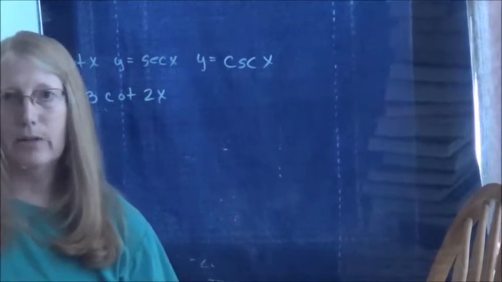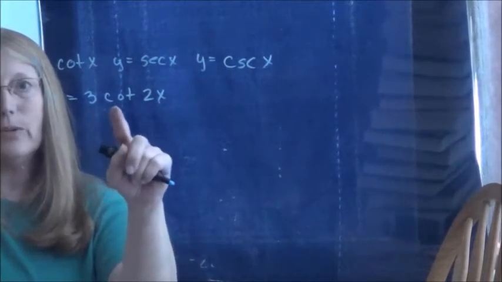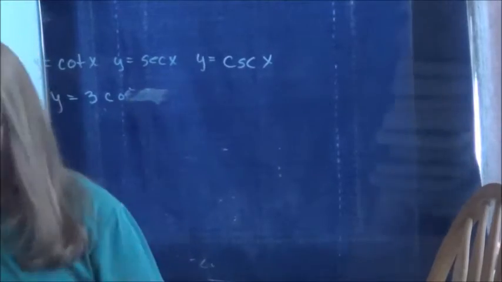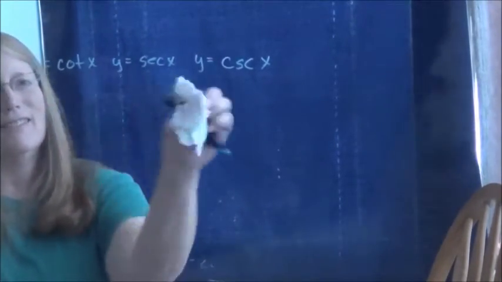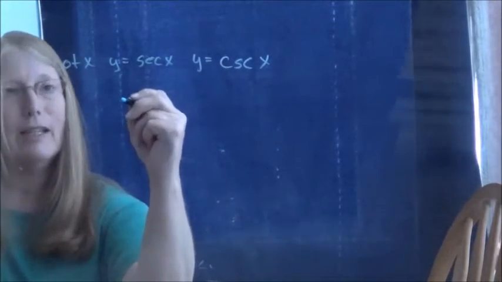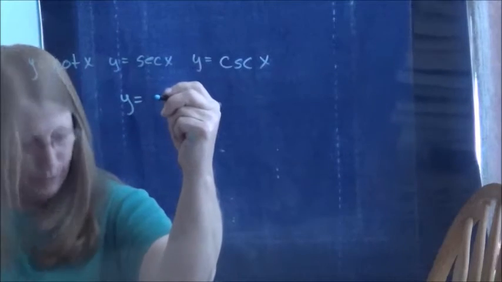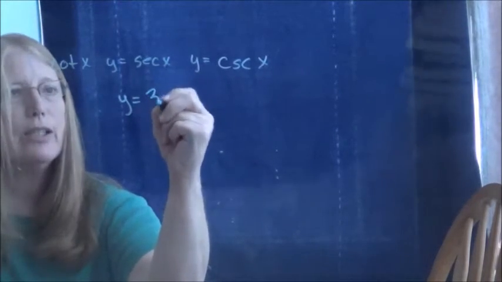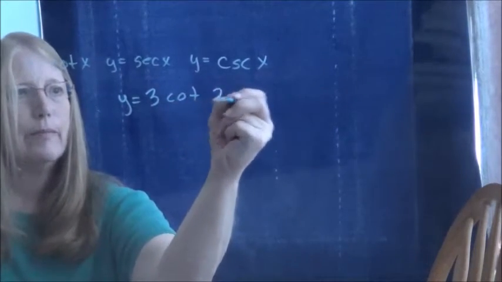Alright, in order to graph this function, let me move that over so I can have some face time. Alright, put it over here. Y equals 3 cotangent 2x.